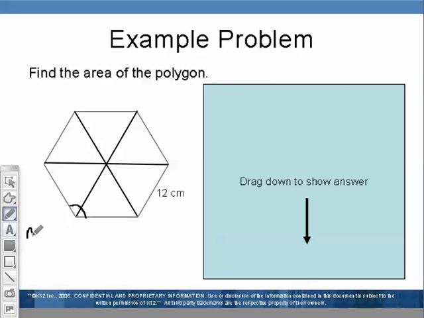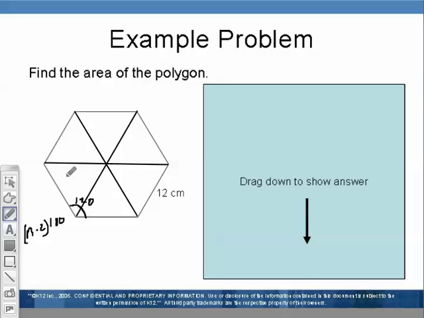That was n minus 2 times 180, going back to that old thing to figure out the sum of the angles inside of the triangles, right? So that'd be 4 times 180. And I'm going to divide that by 6 because there's 6 angles in the whole thing. So that means each one of these angles is 120 degrees.